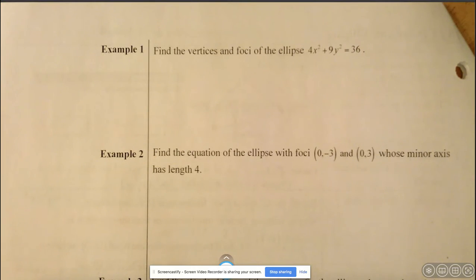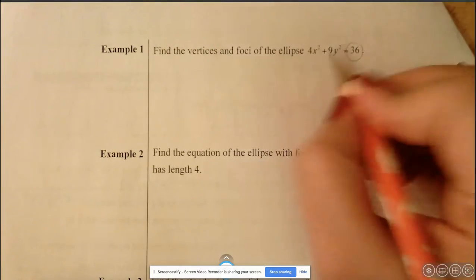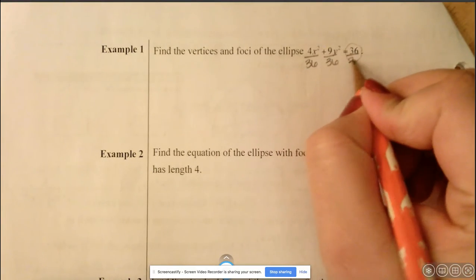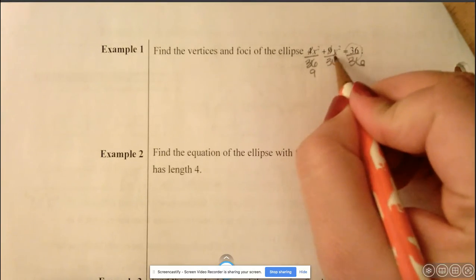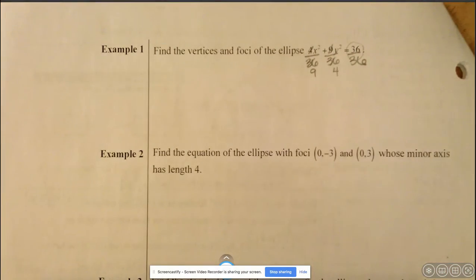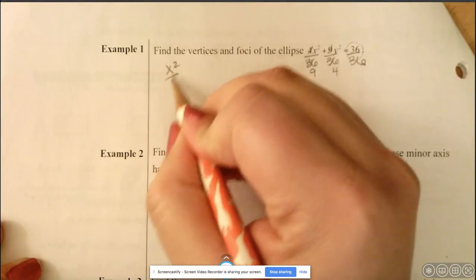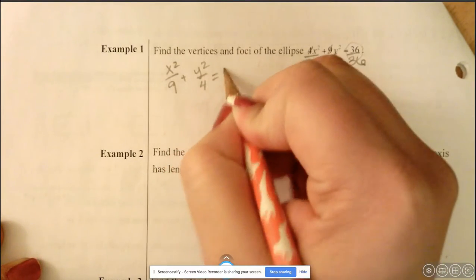Well, I need to divide so that this side is just 1. So we need to divide everything by 36. Now, luckily, 4 goes into 36 evenly, and 9. So we end up with x squared over 9 plus y squared over 4 equals 1.